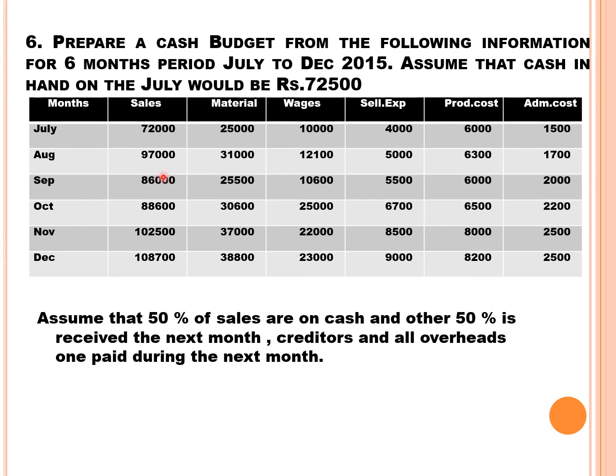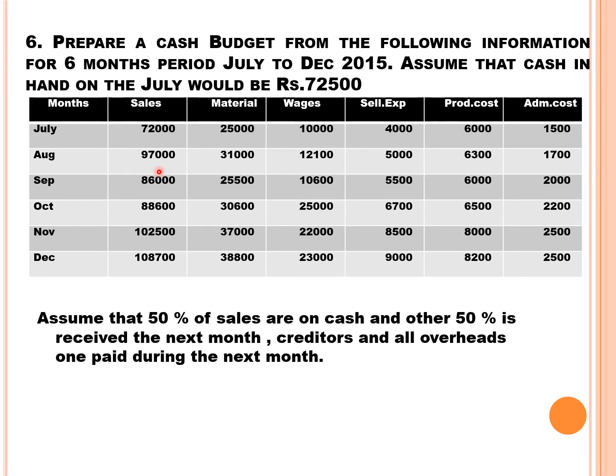So what does this mean? 72,000 is the sales for the month of July. 36,000 will be received in July, and another 36,000 will be received in August. 97,000 is the sales of August. Divide into two parts, 50% and 50%.